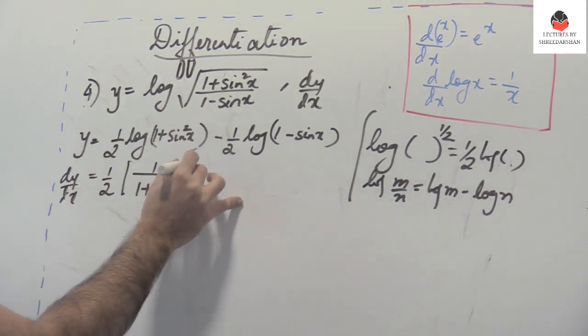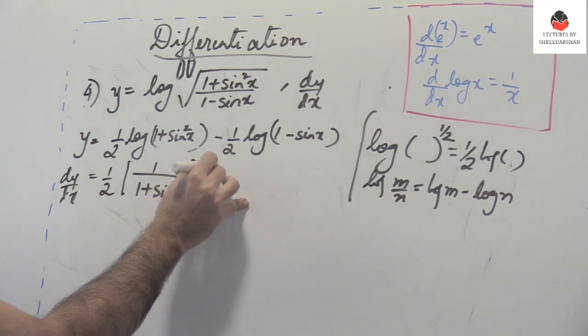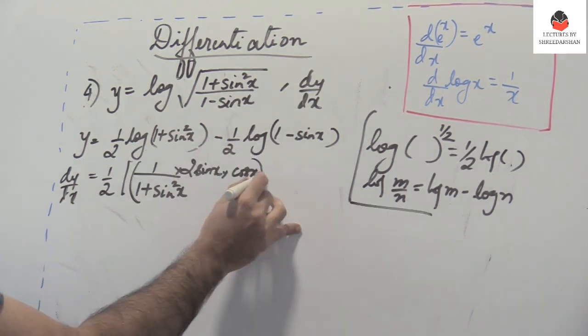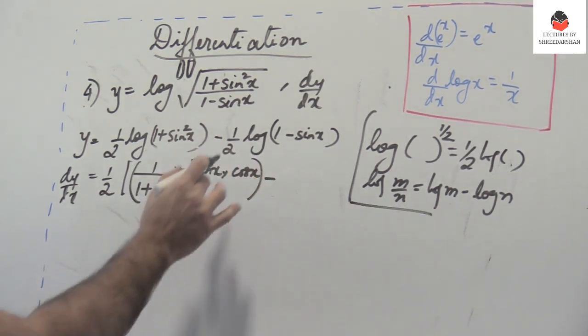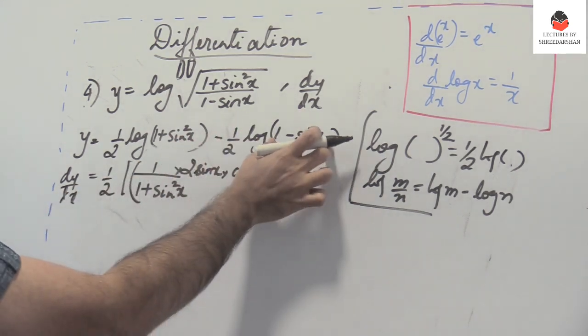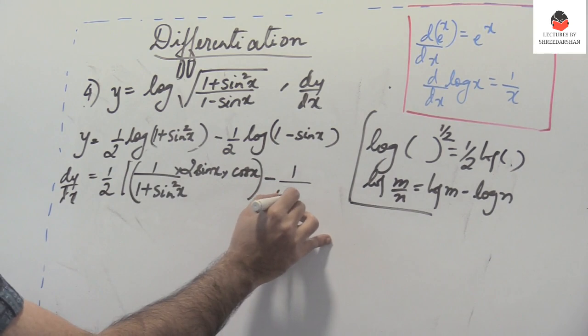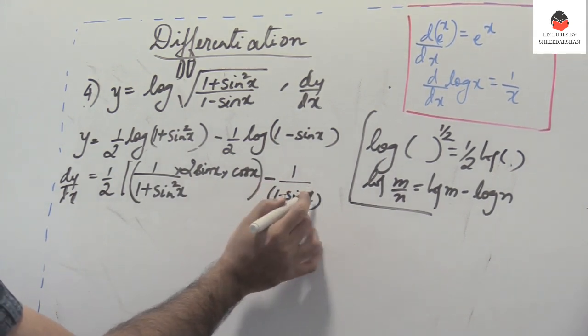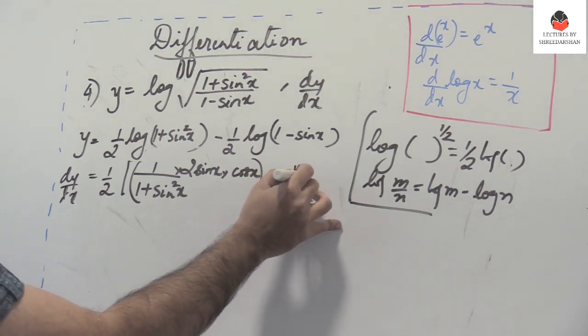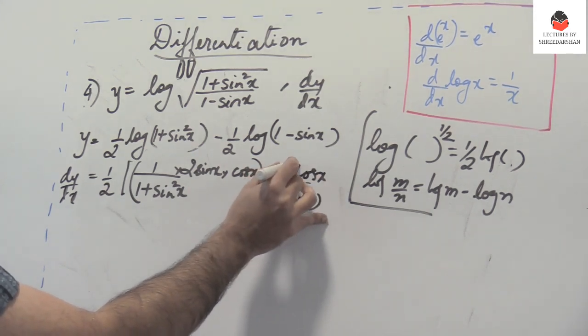Differential of sine square is 2 sine x into differential of sine x, which is cos x, minus half is already taken common outside. Log of the term is 1 by 1 minus sine x into differential of this term. Differential of sine x is cos x, but with a minus sign here.